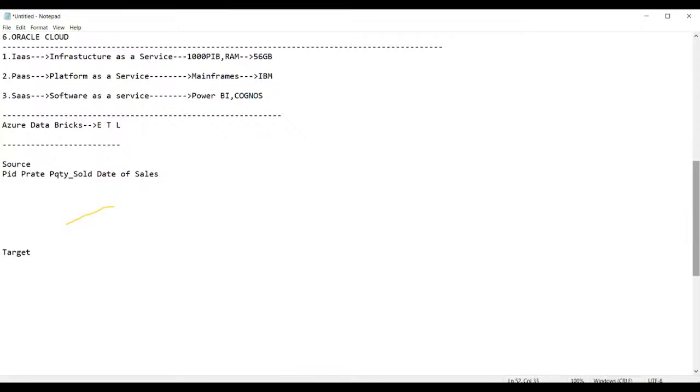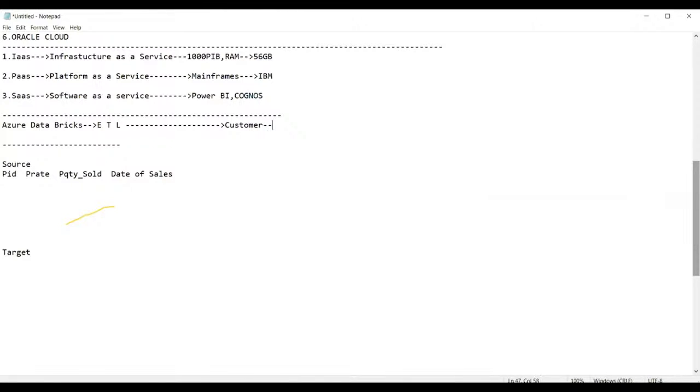Now here is the customer. The customer means the owner of the supermarket is a customer for us.